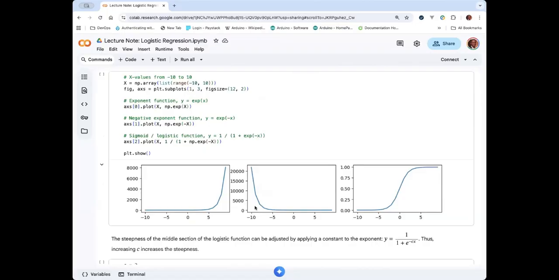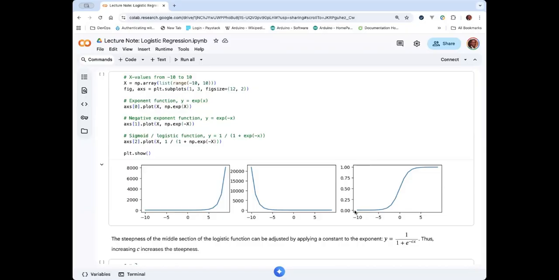Then you can also flip it by adding 1 to it and then inverting it. So you now get it going up this way. But it also ends up having a tail like this, which basically becomes 0.